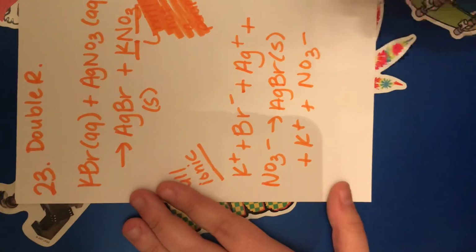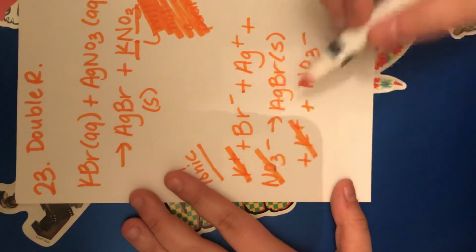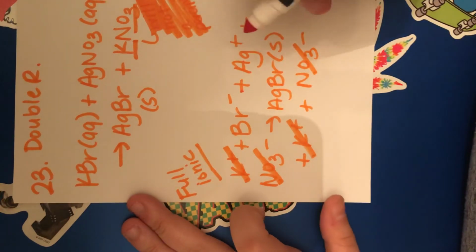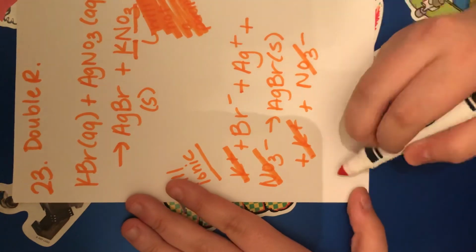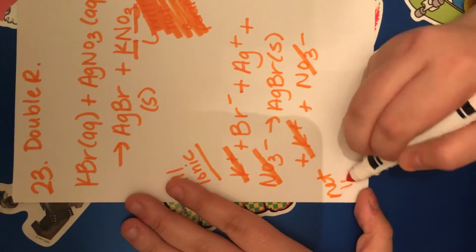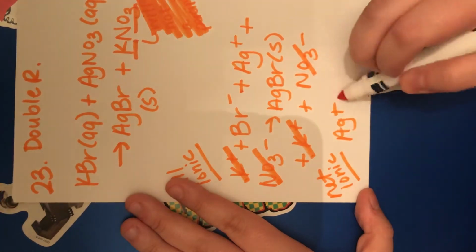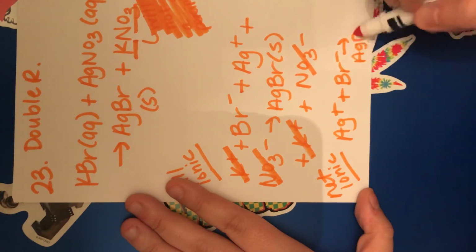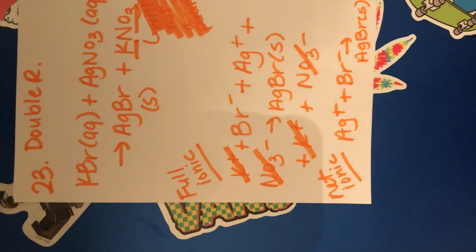And again, we cross out on both sides the spectator ions. So potassium and nitrate are just floating around in the solution among the precipitate. And our net ionic is now Ag+ plus Br- yields AgBr, the precipitate. So that's all I'm going to do for double replacement reactions.